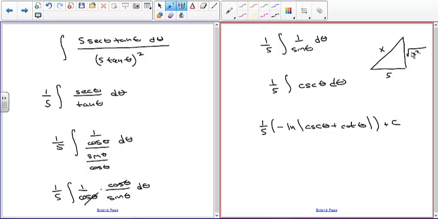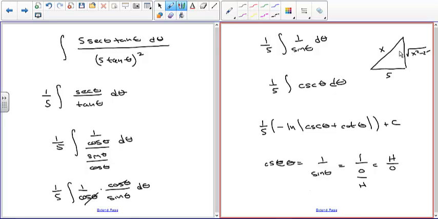The cosecant is 1 over the sine. Actually, let's write it down. The cosecant is 1 over the sine. The sine is opposite over hypotenuse. So the cosecant is hypotenuse over opposite.